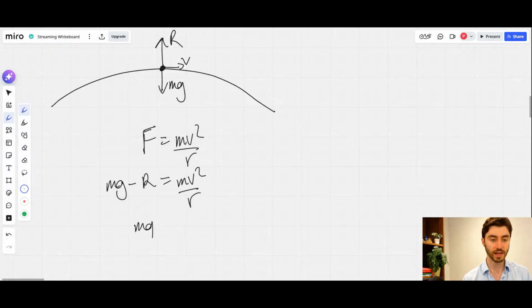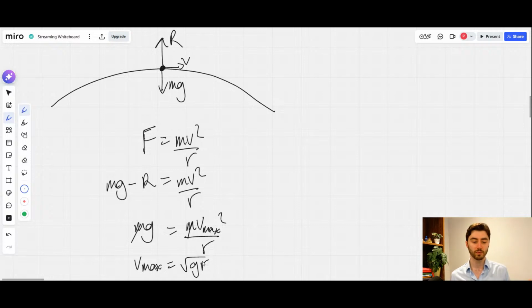And so you will just get that mg equals mv max squared over r. And you end up getting that v max is the square root of rg. So that would be one way of working with that.